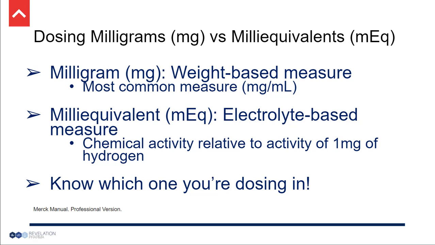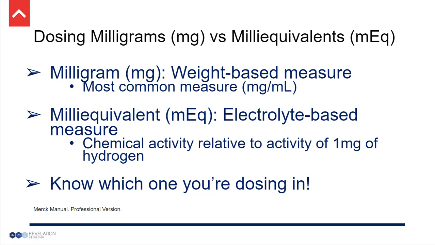So now, dosing in milligrams versus milliequivalents, as a lot of the same things for potassium, for example, is often referred to in one or the other. So you want to make sure not to mix those up because they're very different as far as the numbers that we're discussing. So milligram or mg is just a weight-based measure. I guess you could say simpler in a sense, and the most common measure in most injectable formulations.